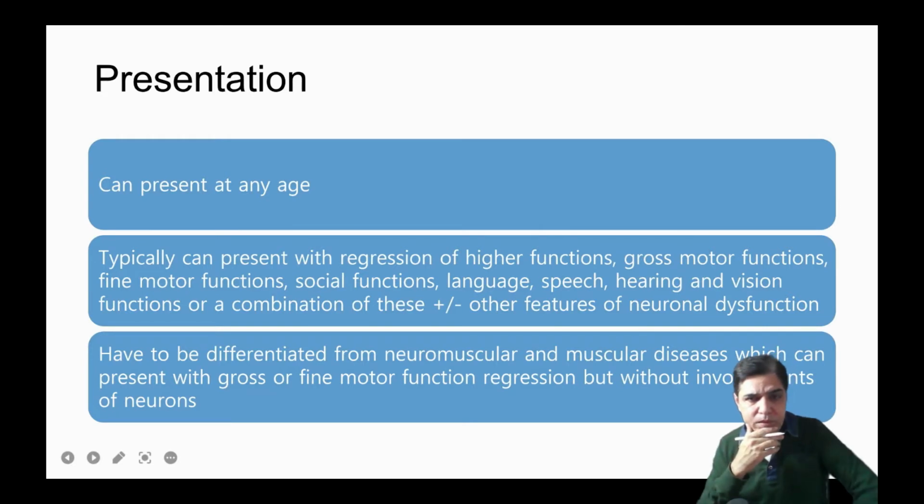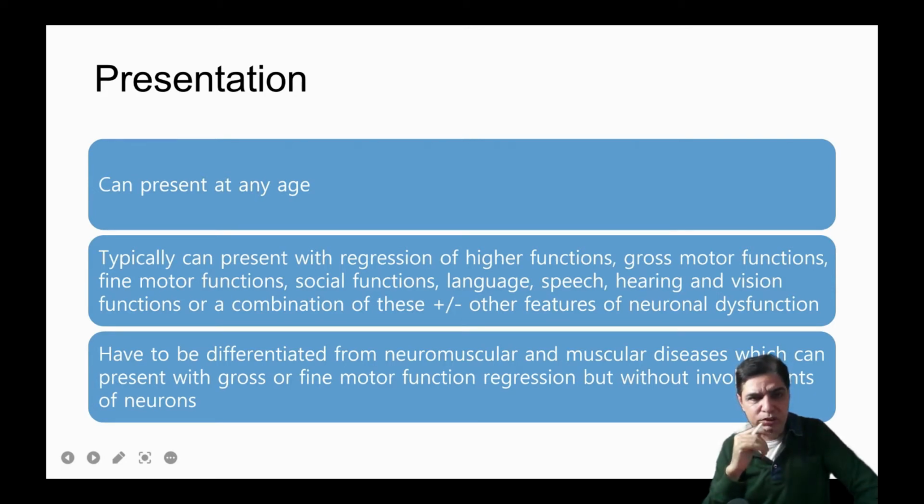Now moving on, how do these neurodevelopmental disorders present? Number one, they can present at any age, but especially because we are dealing with pediatrics, there are certain groups of disorders which can present at a particular point in time. For example, West syndrome presents in early infancy.